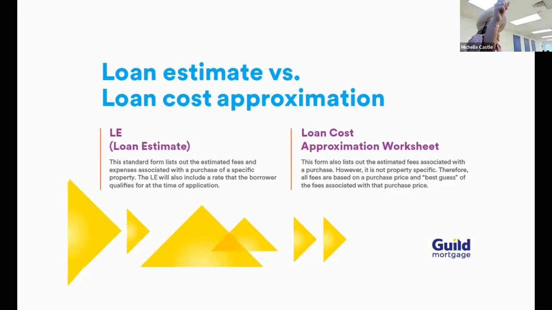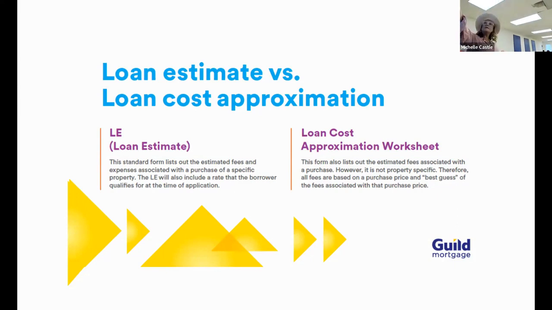But honestly, a loan estimate is the only way for you to see what fees the lender is bound to charge. Once we put fees on a loan estimate, we're bound to those fees. And if we're wrong, we eat it, which is another reason you will see LCAs instead of LEs.